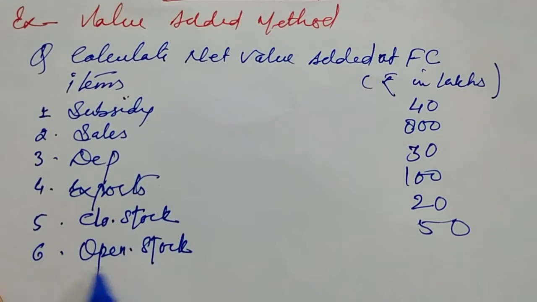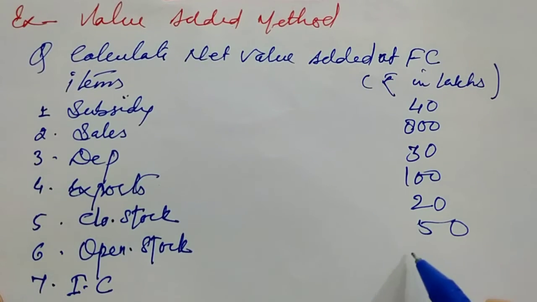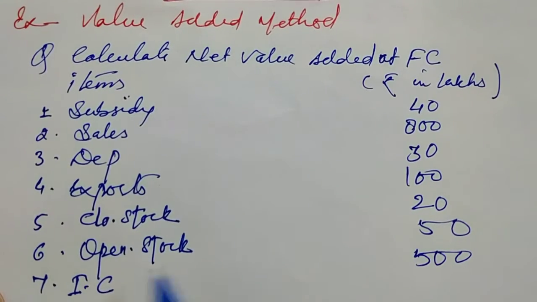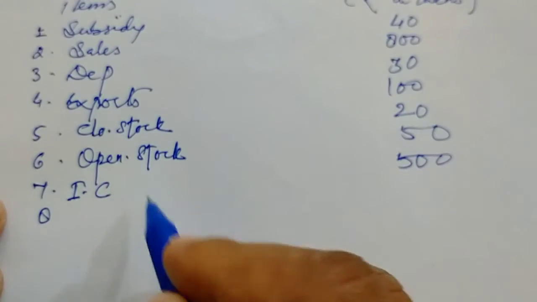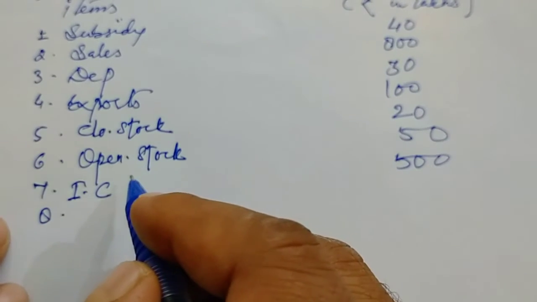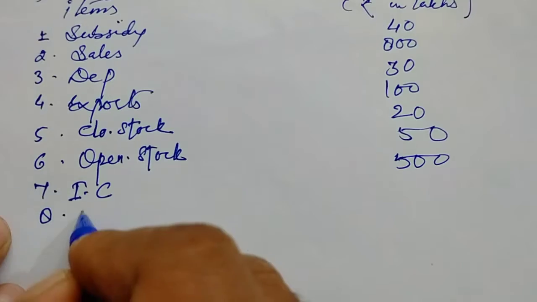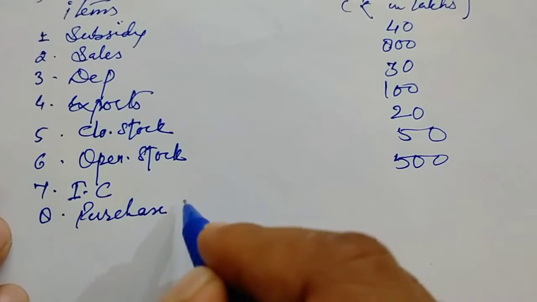And intermediate consumption, IC, amount I will take 500. Next, the eighth data I am taking is purchase of machinery for own use.